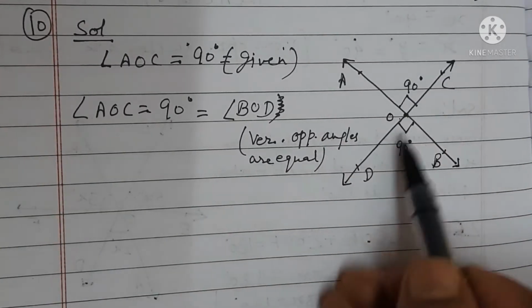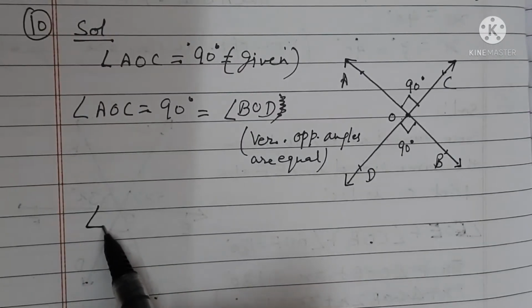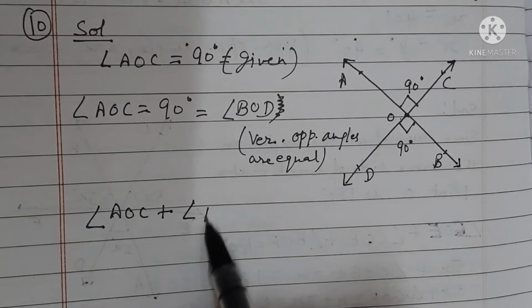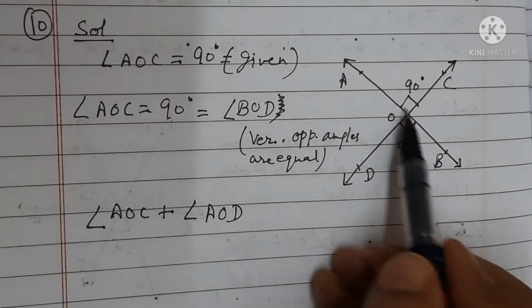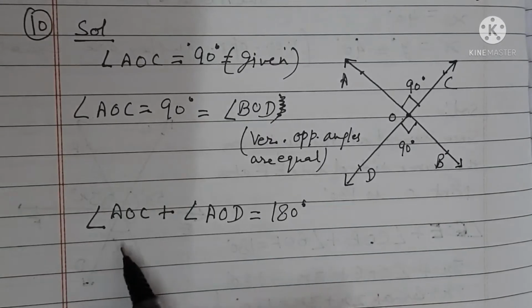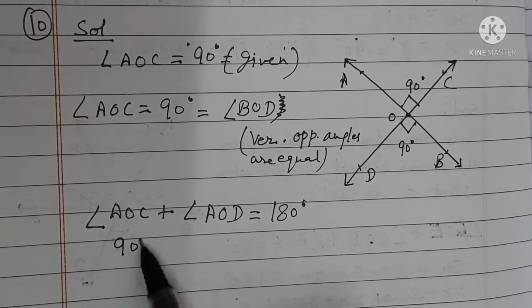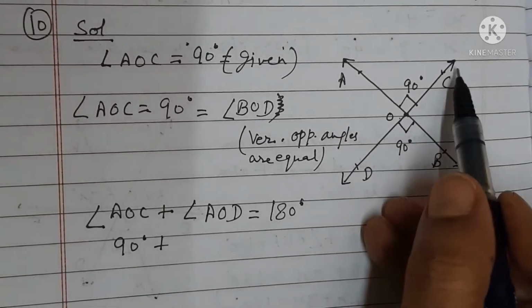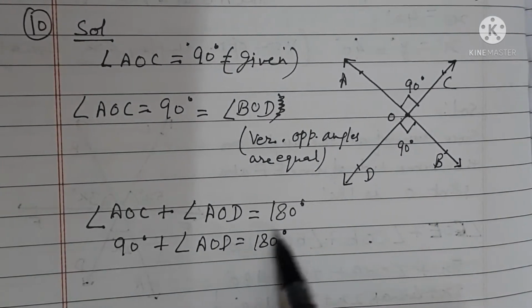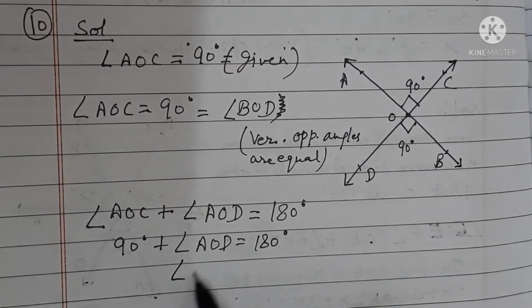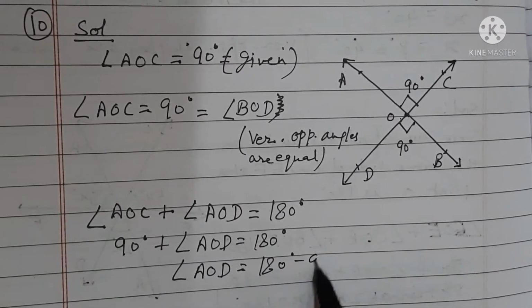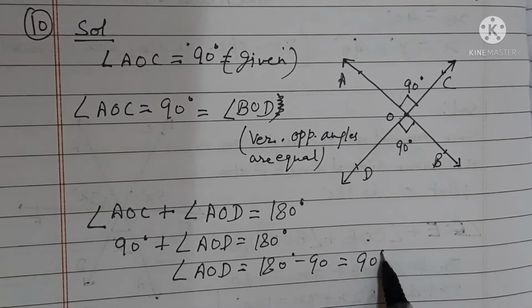So you can write angle AOC plus angle AOD is equal to 180 degrees, and substitute the value of angle AOC: 90 degrees plus angle AOD is equal to 180 degrees. Subtract it: angle AOD is equal to 180 minus 90, which is 90 degrees.